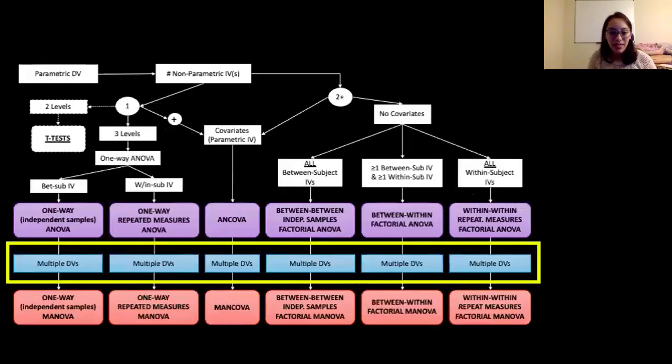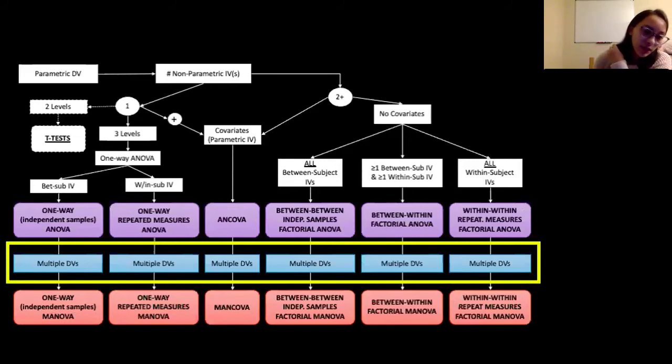So in terms of our decision tree, we do have a little bit of play, and this is the only exception: t-tests can also have MANOVA classifications. There's just not really a good word to use for them. You can have one independent variable that only has two levels, so you're measuring two groups, but you have multiple dependent variables.